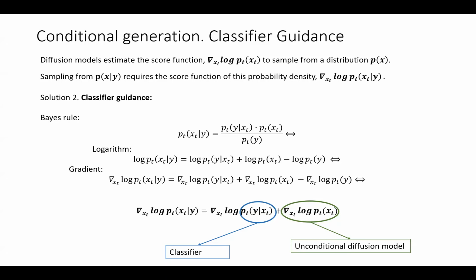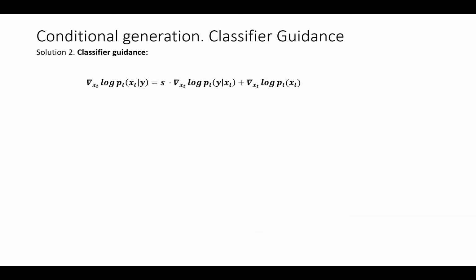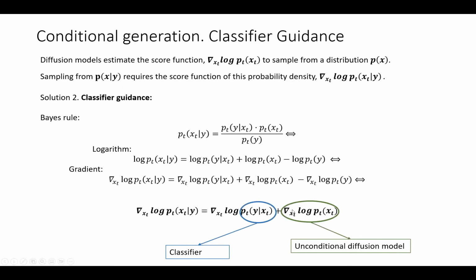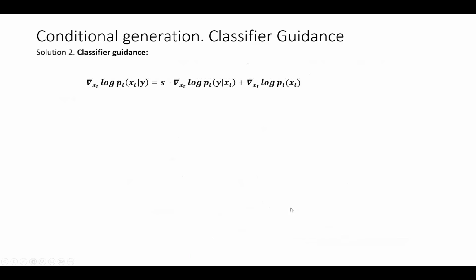Okay, so that's what we do. Instead of just taking this as it is, we are going to use this factor s here. This factor will multiply the conditional probability by s, and the unconditional one with 1.